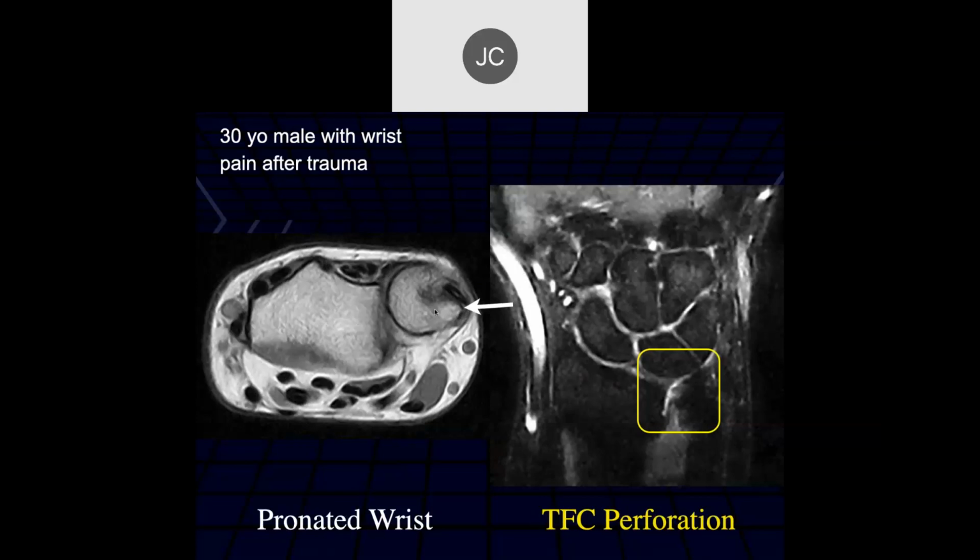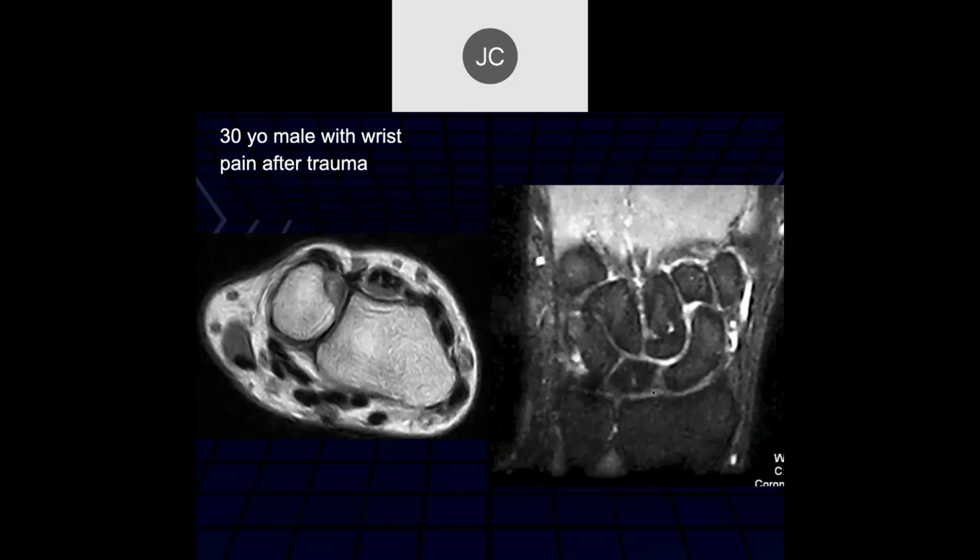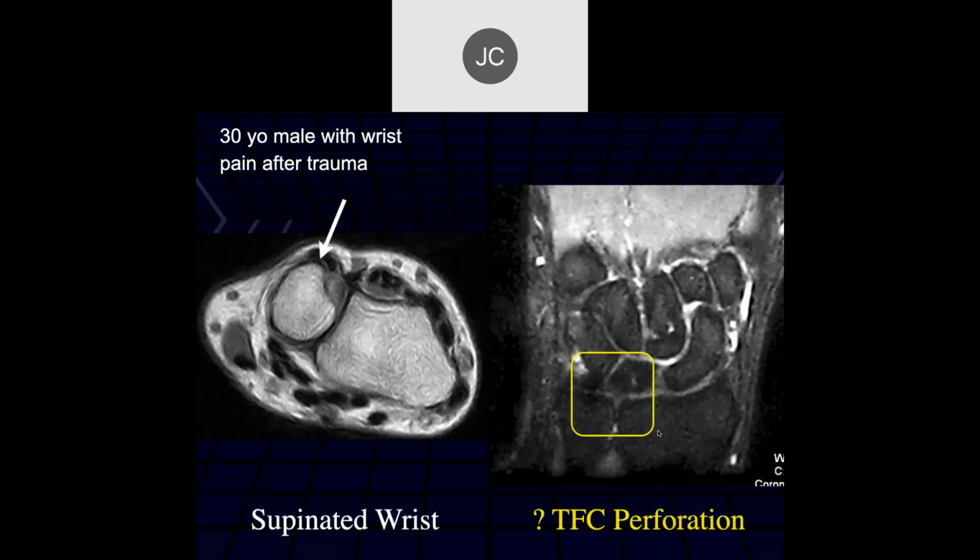Now we can see it's in the pronated position. The ulnar styloid is kind of collinear with the radius, like we talked about before. It's not dorsally positioned with respect to the radius, but again, it's the radius that moves, not the lunate. Now we can clearly see that there is a tear in the triangular fibrocartilage. Look at this image versus that image, and it helps you recognize how important it is to have the patient properly positioned when you do wrist imaging.